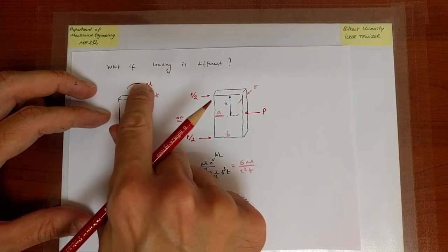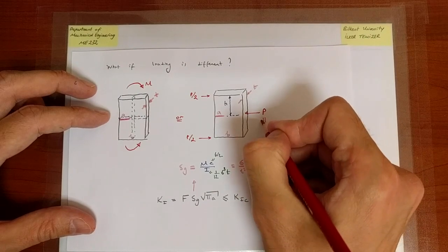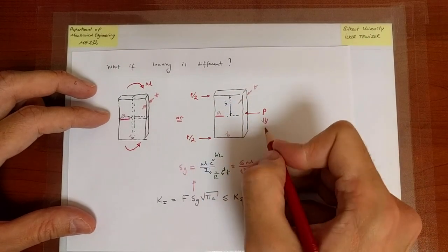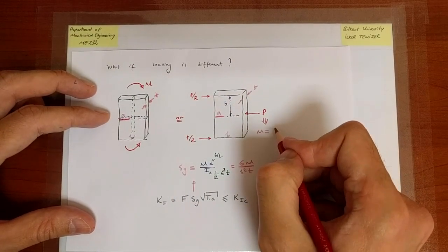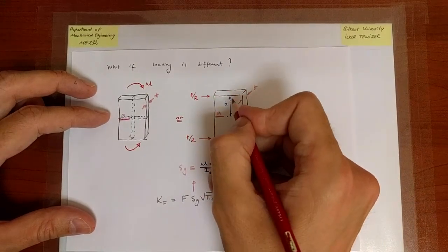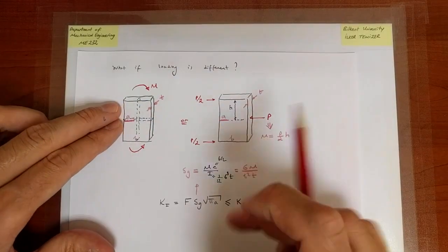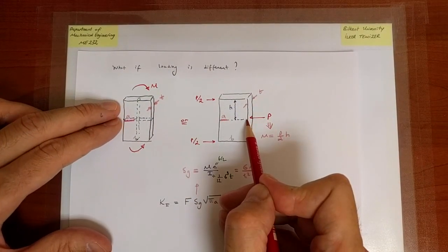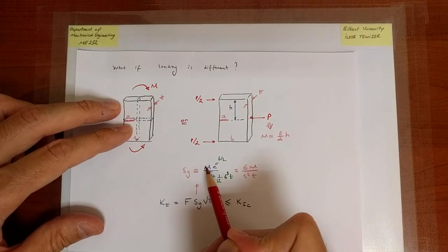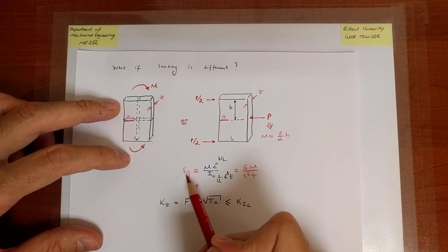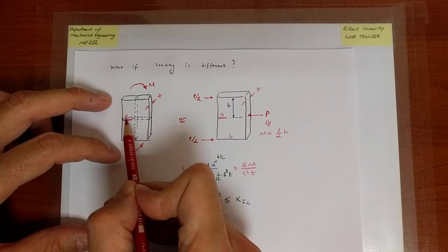Now, that's for a given explicit bending moment. Well, in this case, what is the bending moment? Well, at that cross section, the statically equivalent loading imposes a bending moment of P over 2 multiplied by this distance, which is H. Okay, so in both cases, at the cross section where the crack is present, there is a bending moment of M, and SG, the gross stress, is the maximum stress at the cross section where the crack is present, but omitting the presence of the crack.